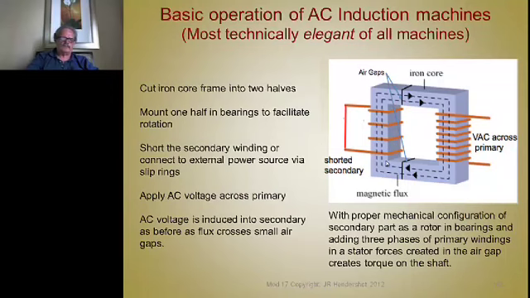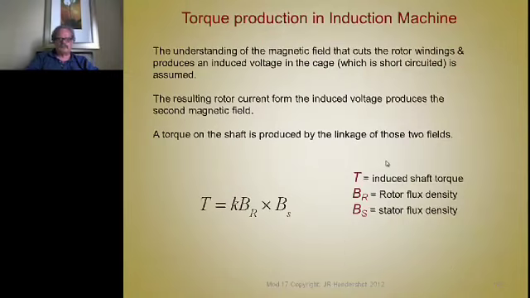But with a mechanical manipulation of this picture, we can turn this into a round rotor with the secondary being the rotor inside the primary, which is the stator. Now the torque is produced by the magnetic field that cuts the rotor windings and produces an induced voltage in the cage, which is short-circuited.